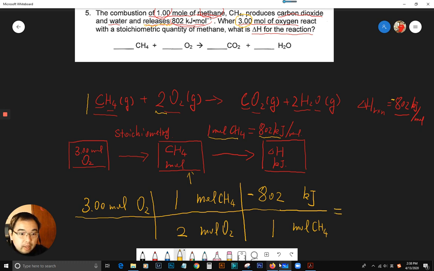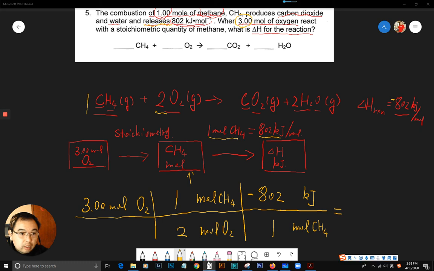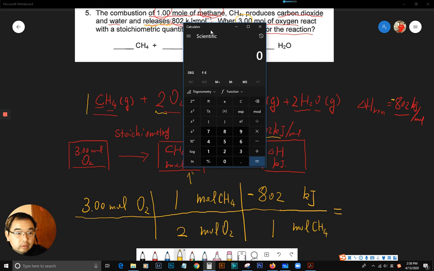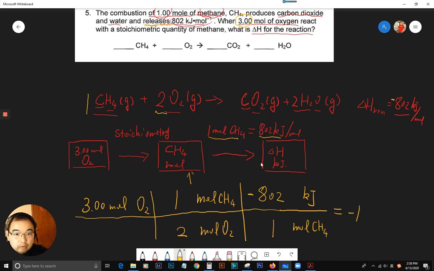Okay, and then once you've set up this equation, you put it into the calculator. That's 3 times negative 802 divided by parenthesis 2 times 1 parenthesis. That's going to be negative 1203 kilojoule.